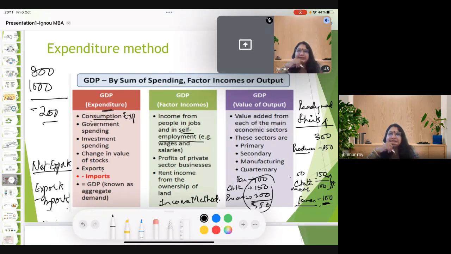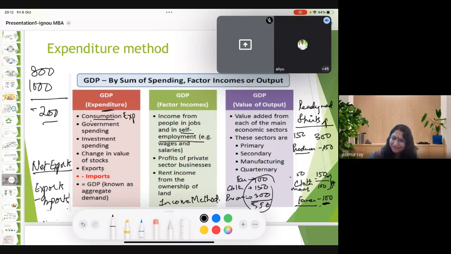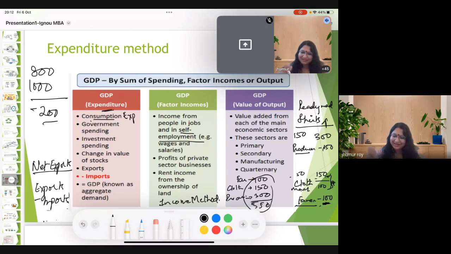Yes, correct, Madhavan. How much more did the producer earn? Can you tell me? Madam, I think the producer earned 150. Yes, 300 minus 150 is 150 only. So what should be the income now? The farmer got 100 rupees. How much did the cloth merchant make?